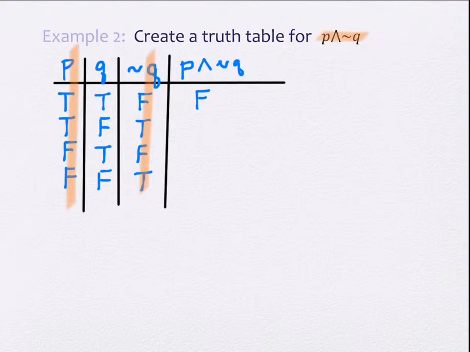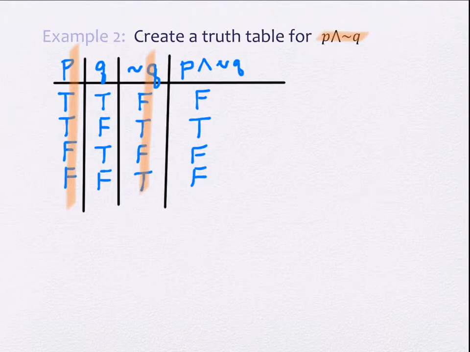That's true. And I can tell you that the last two statements are false. Why? Because the P column has false to begin with already on rows 3 and 4. So guaranteed, because it's an and statement, I have a false statement over here as well. So this is what a truth table would look like for P and not Q.